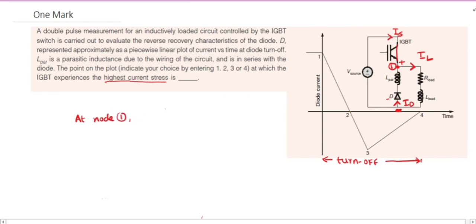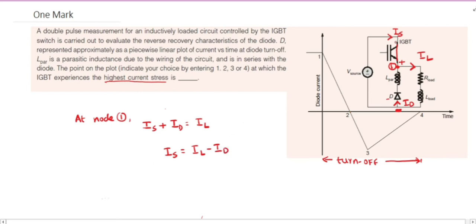This is the entering current, this is also entering current, this is the leaving current simply. So I_S plus I_D is equal to what? Simply I_L. Now from this, what is the IGBT current? I_S is equal to I_L minus I_D.